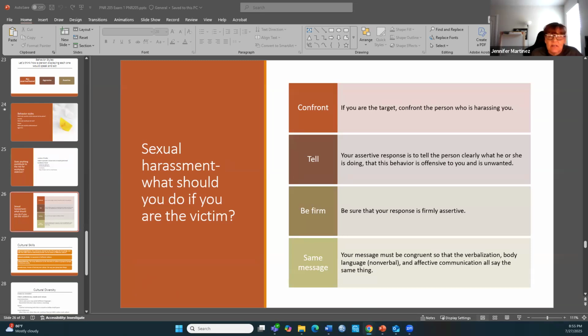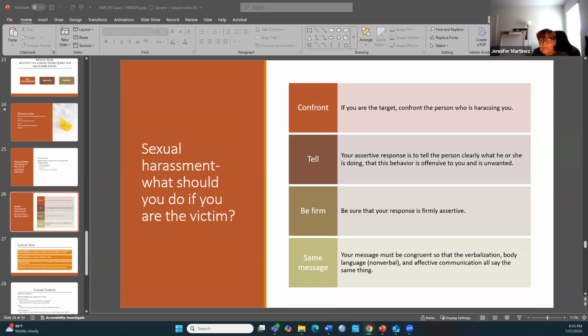Sexual harassment. Unfortunately, this is something that could potentially be an issue, depending on the situation. But sexual harassment is an abuse of power. All right, it's not about sex. It's not about passion. It is about abuse of power.